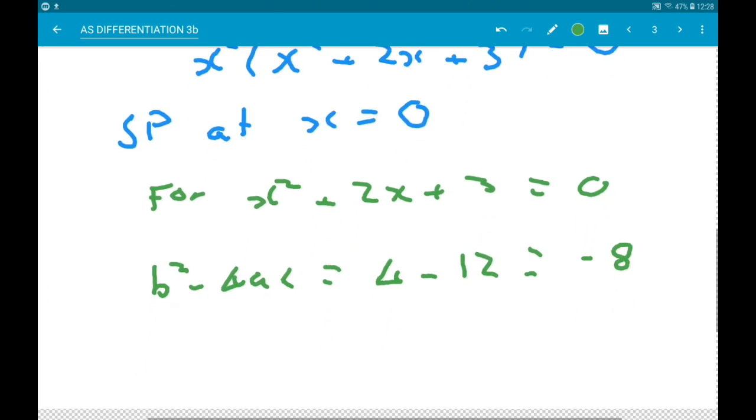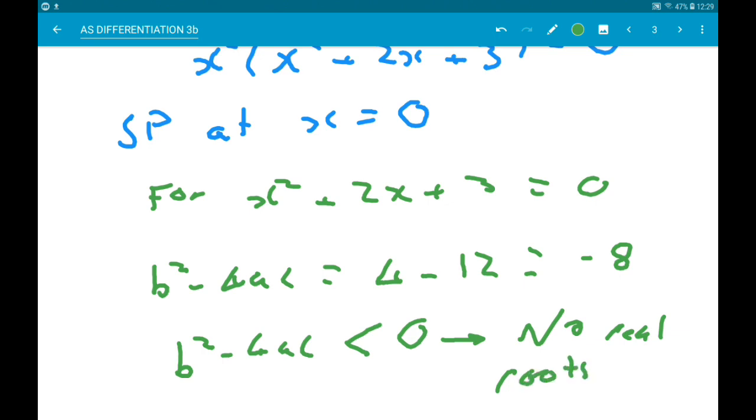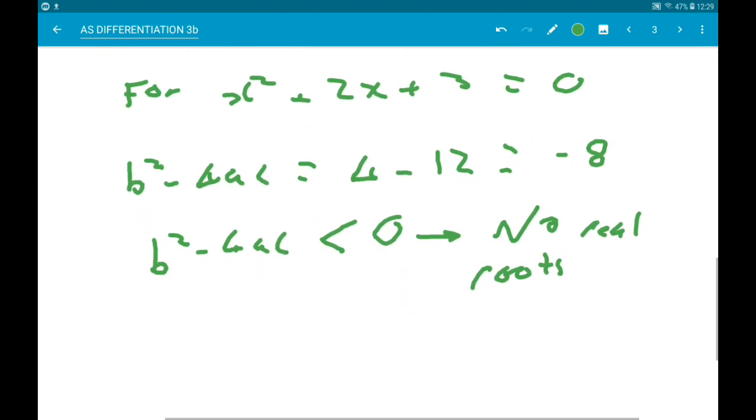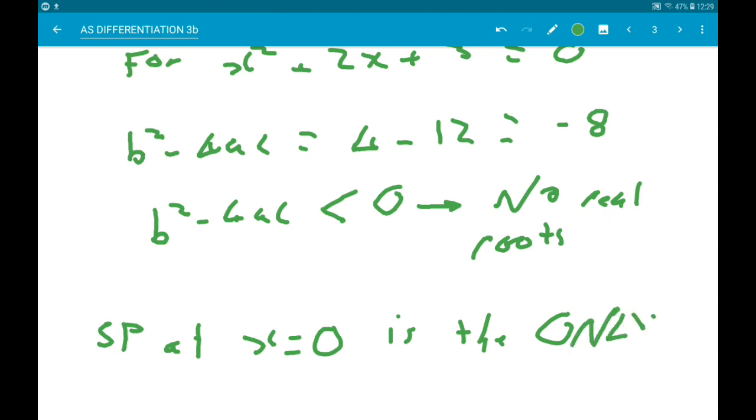Now when b squared minus 4ac is less than 0, that means there are no real roots. So that tells us now the stationary point at x equals 0 is the only one.